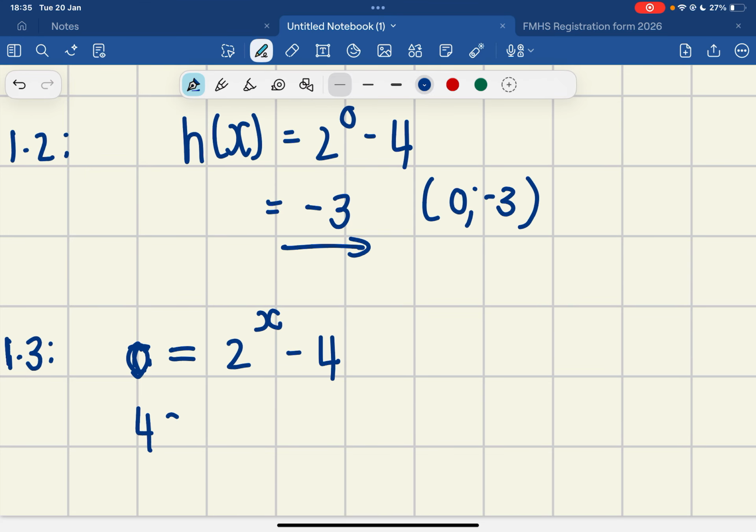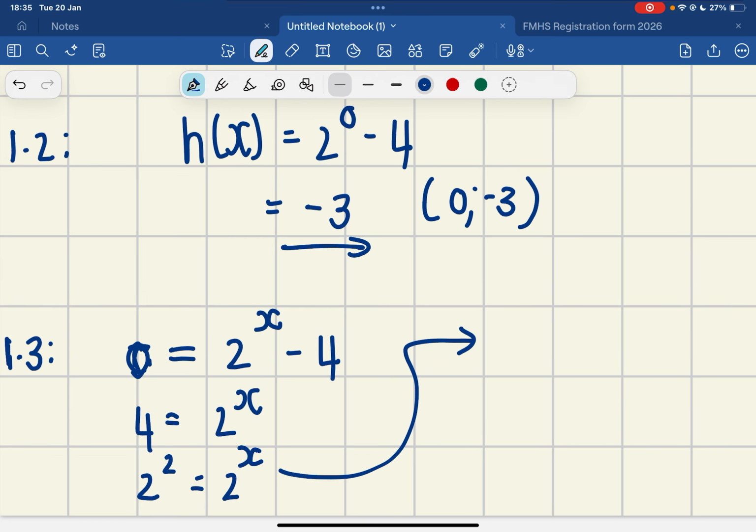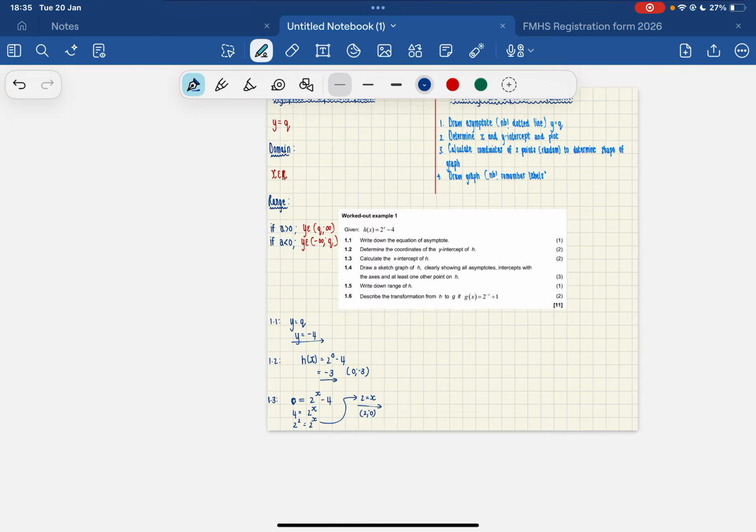So therefore, we'd have 4 is equal to 2^x, and then 2 squared. Remember, boys and girls, when the bases are the same, you drop your exponents. So as such, let me just quickly correct this. As such, 2 is equal to x, and your coordinates are (2, 0) for your x-intercept.